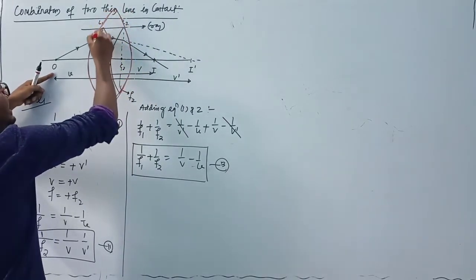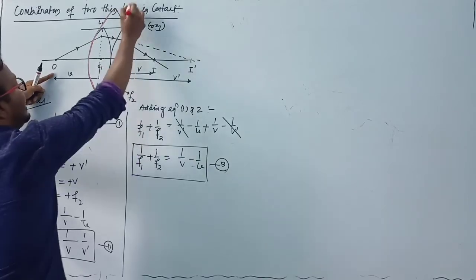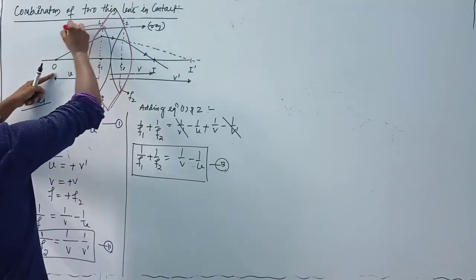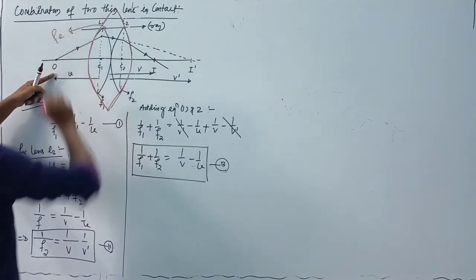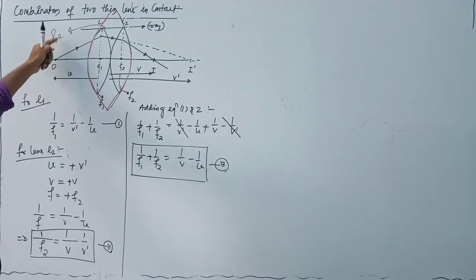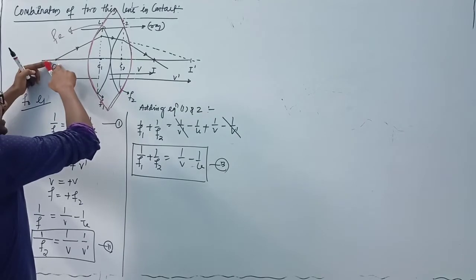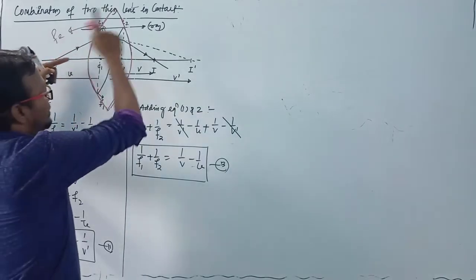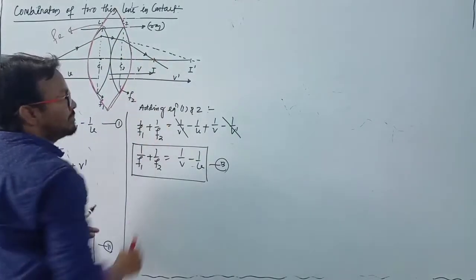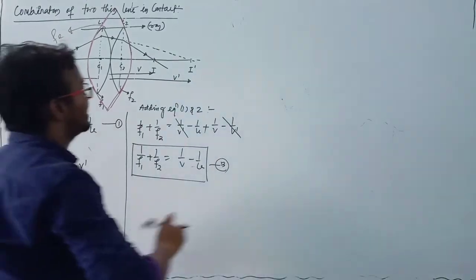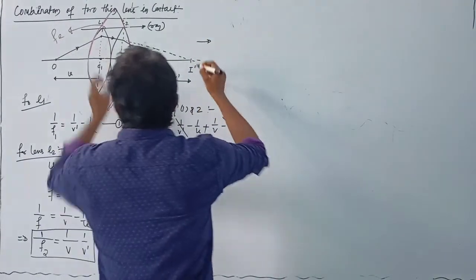Clear? If we place a lens L with focal length FE, then the object situated at this point gives a final image at point I.